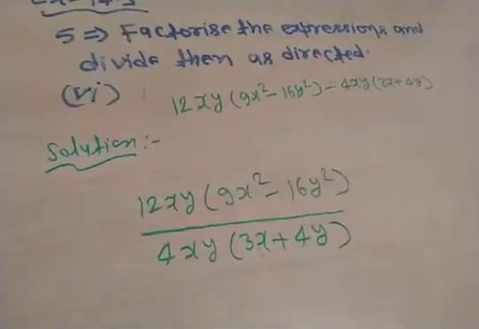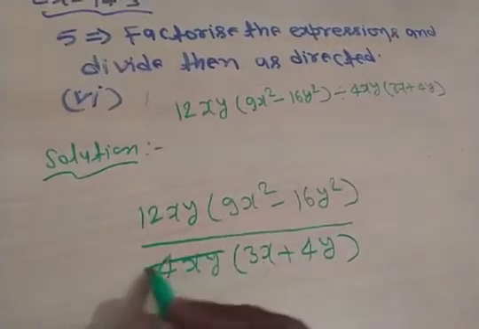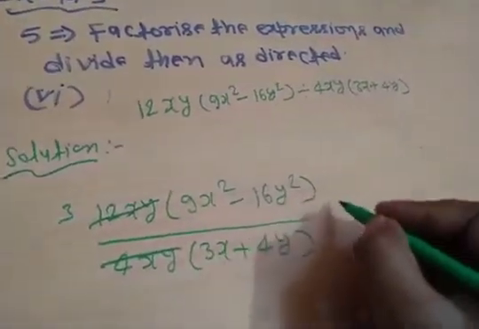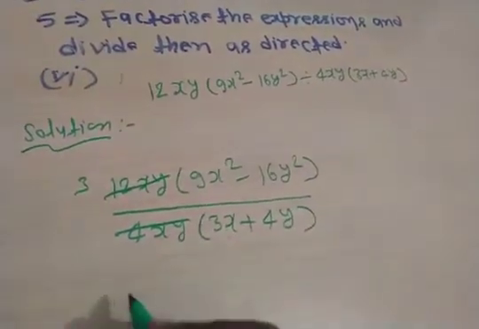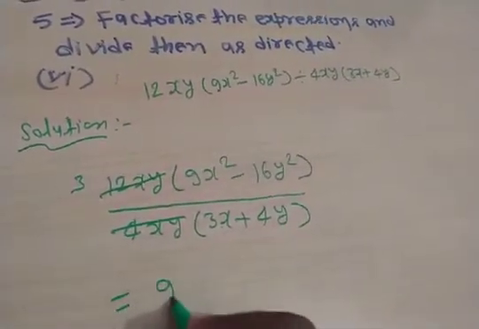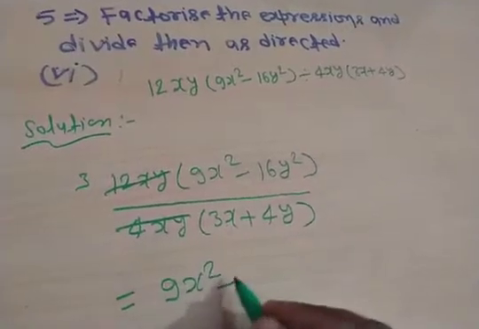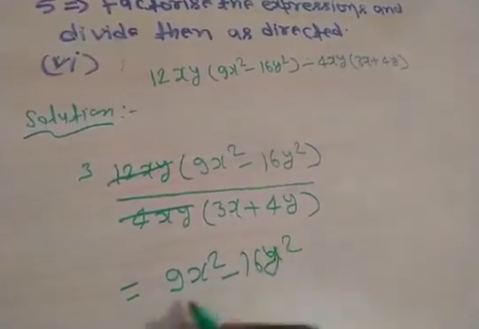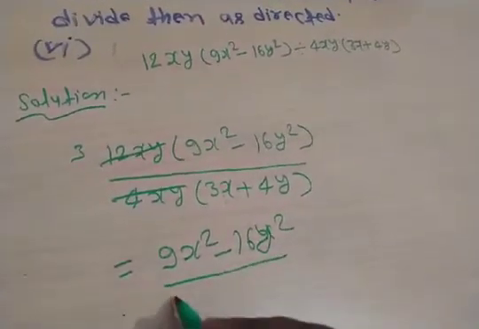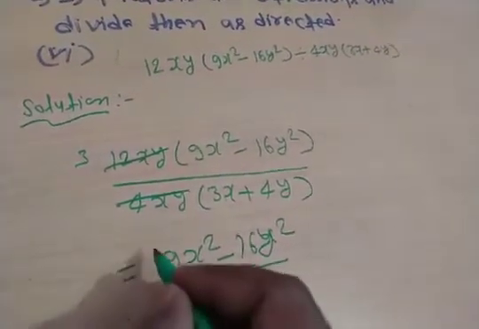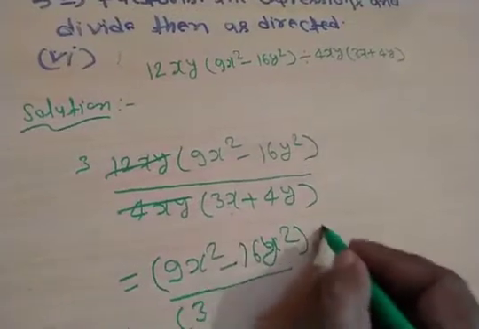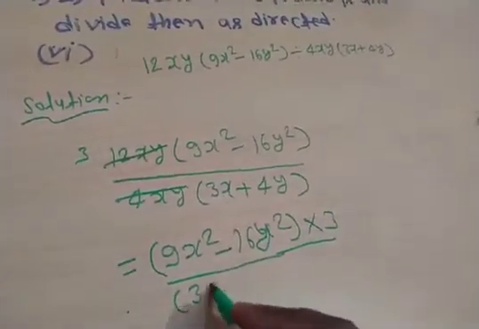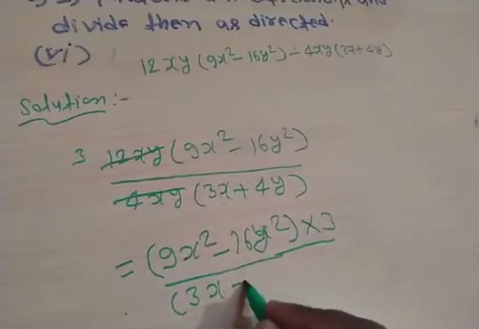so here you can cancel it 3 times. Okay, so we obtain here (9x square minus 16y square) divided by 3 into 3x plus 4y.